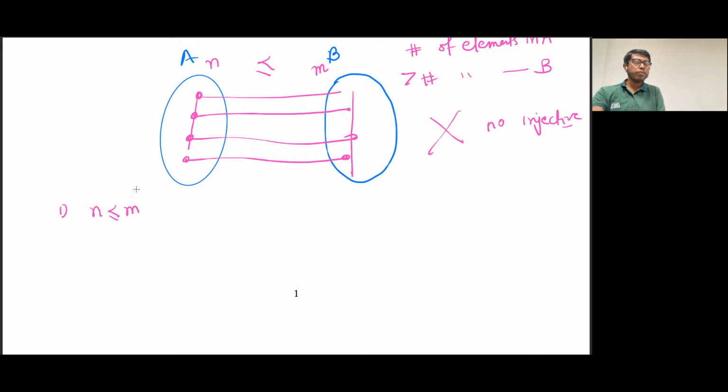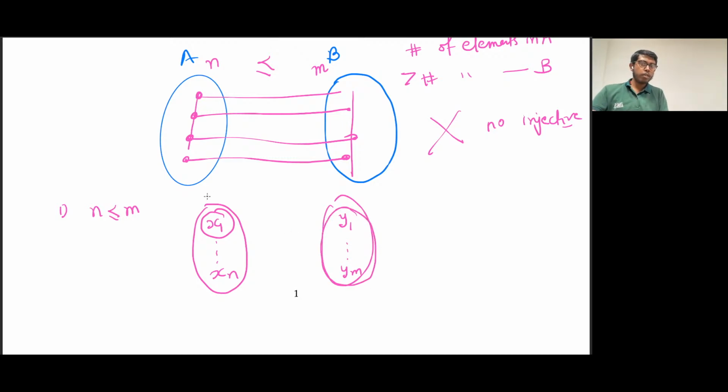If I assume n is less than or equal to m, then let's count how many are injective. Again, if I name the elements x1 to xn and y1 to ym, then for x1, I have m choices.